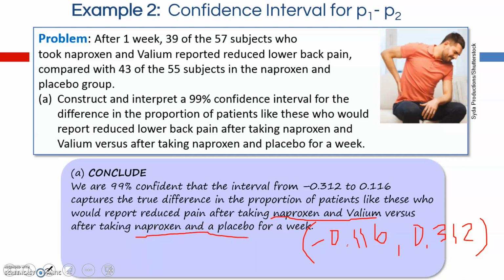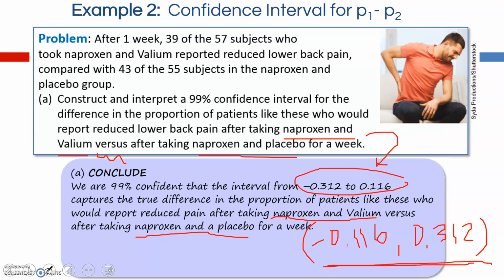That would mean we would put naproxen and placebo first and naproxen and Valium second. But the way that the question was stated, again, just following the order, naproxen and Valium versus naproxen and placebo, this is the answer we want to state. Okay, so this one would work if the question was stated in the other way.